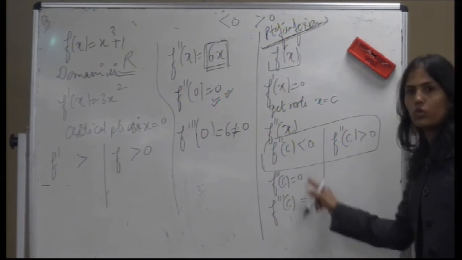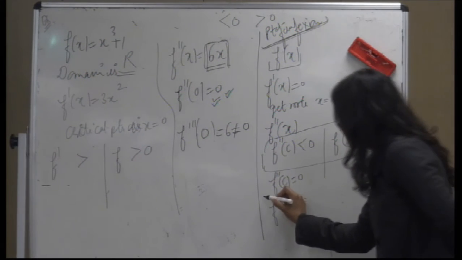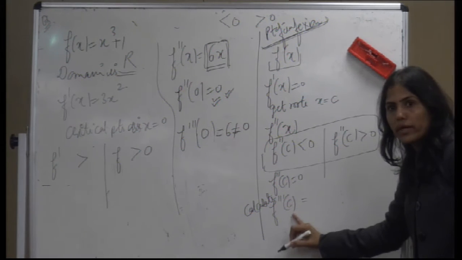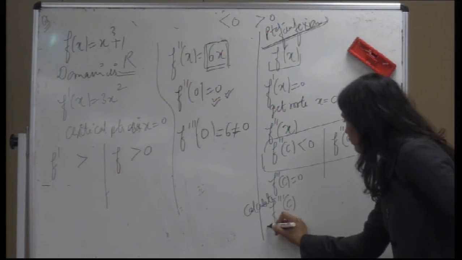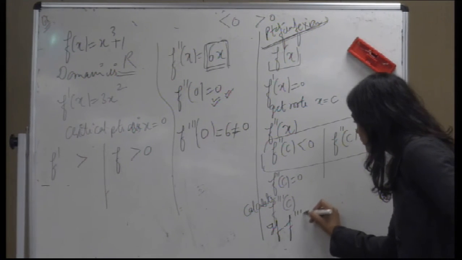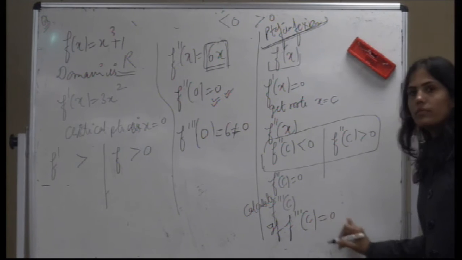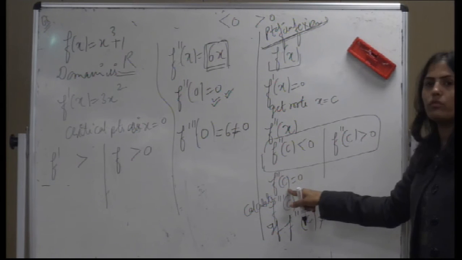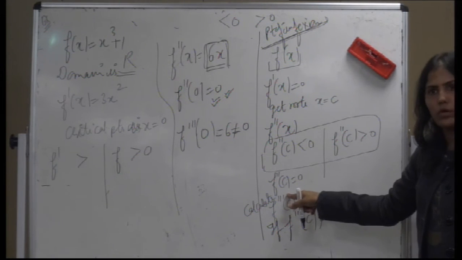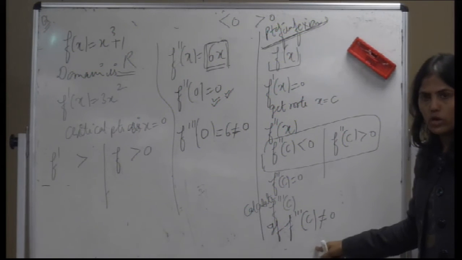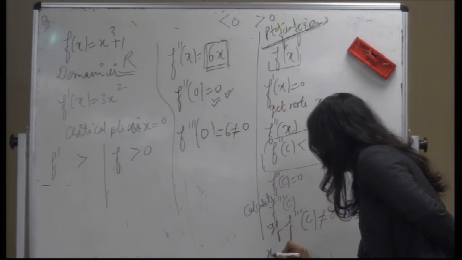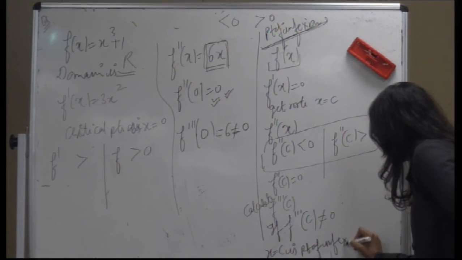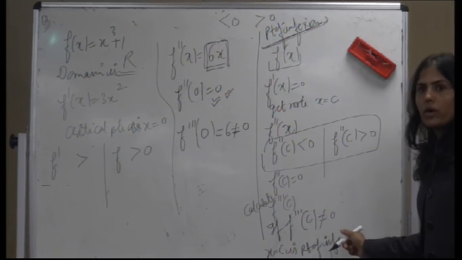Calculate the third derivative, which is actually a lengthier process. If it is non-zero, then this point is a point of inflection. It means this is neither a point of maxima nor a point of minima. So write down, in such a situation x equal to c is a point of inflection. Point of inflection means neither a point of minima nor a point of maxima.